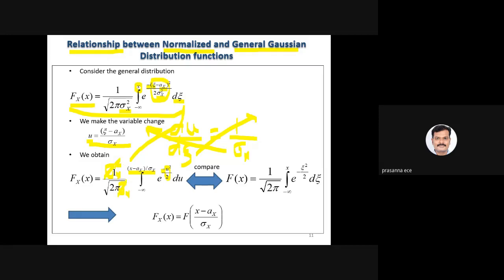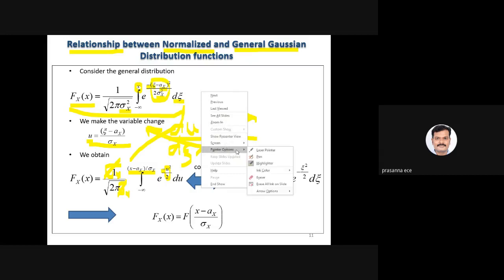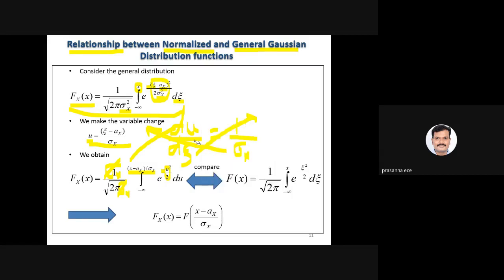So we have 1 by root 2 pi integral minus infinity to x minus ax by sigma x of e power minus u square by 2 du, right? I'll just use my eraser so that everything is clear. Is it clear until this point?